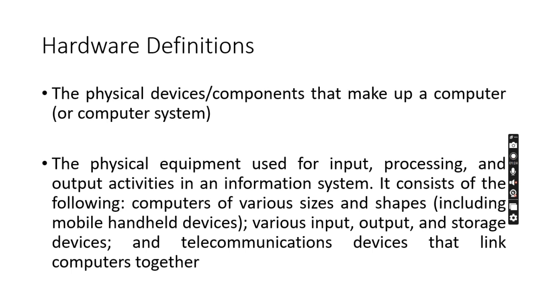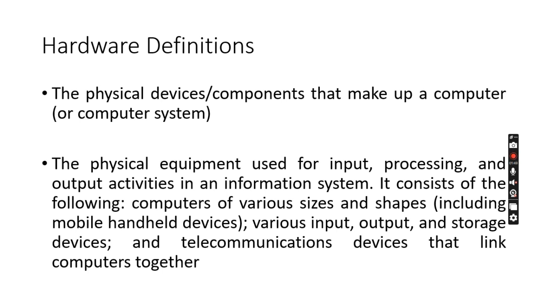For a more comprehensive definition, we say this is the physical equipment used for input, processing, and output activities in an information system. So it can consist of computers of various sizes and shapes. This includes your cell phones, your mobile handheld devices. The cell phone that you have is computer hardware.